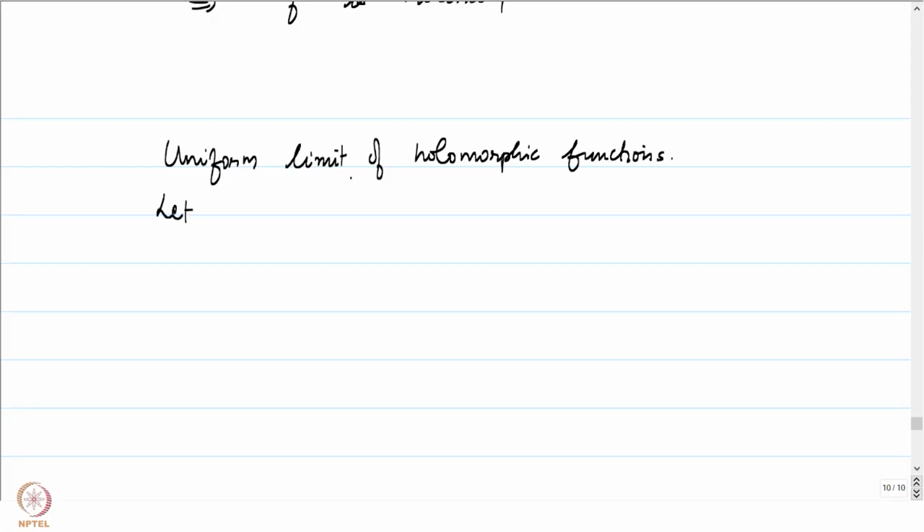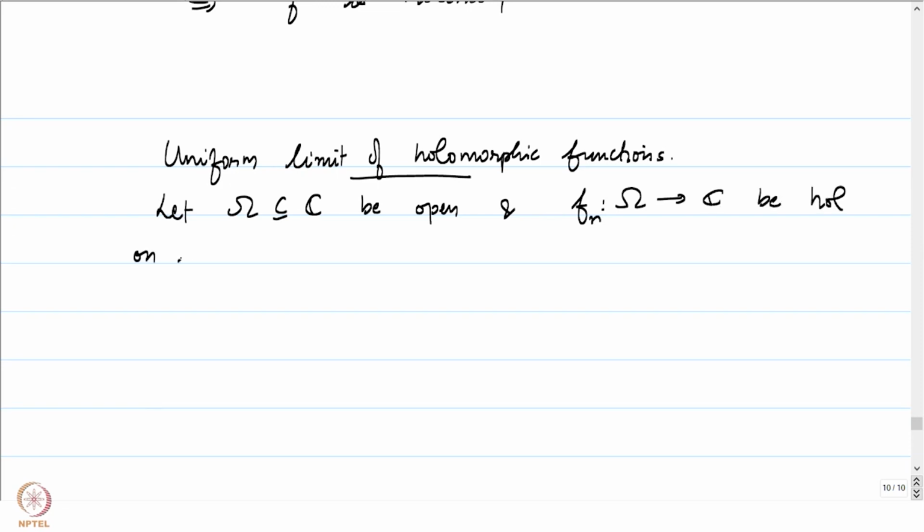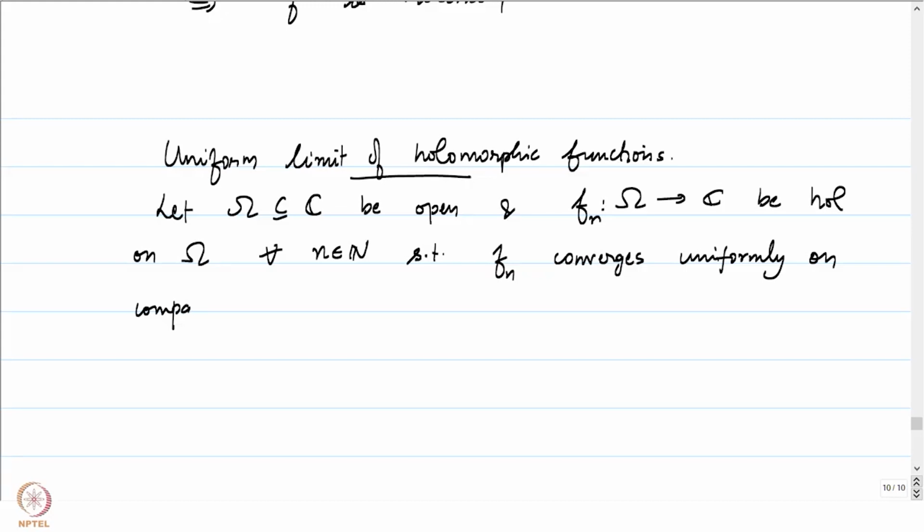Let omega again be an open subset and fn from omega to C be holomorphic on omega for all n in natural numbers, and such that fn's converge uniformly on compact sets to f.